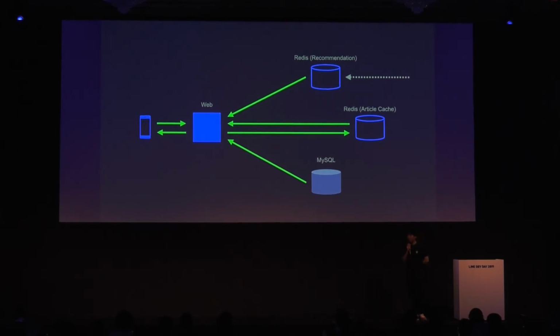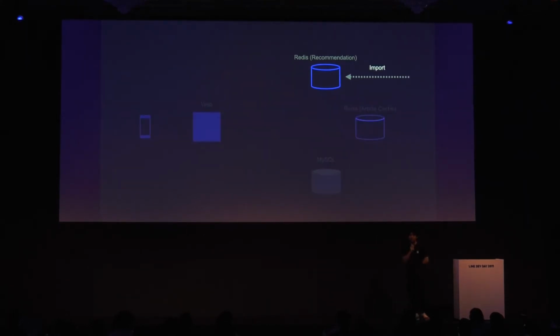First of all, here is the architecture. Let me describe the event flow. This part I will come back to later for details, but the machine learning team generates recommendations which are pre-imported into the Redis cluster.